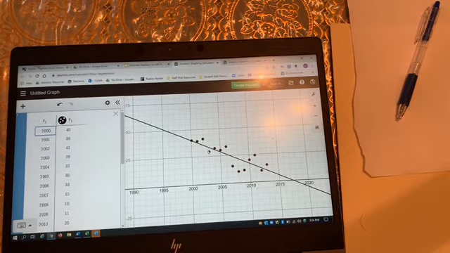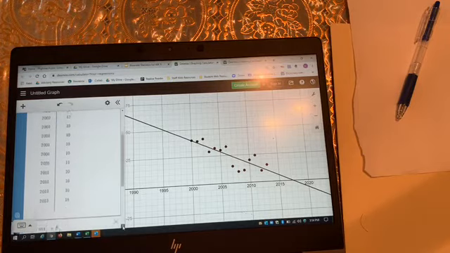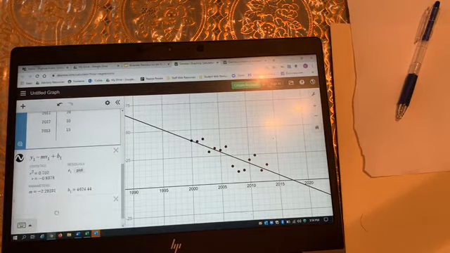As the years go, the amount of snow is decreasing. We can also see at the bottom the values of the regression. Our r is negative 0.8378, a strong negative correlation between years elapsing and amount of snow falling.